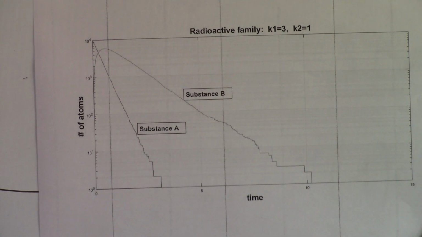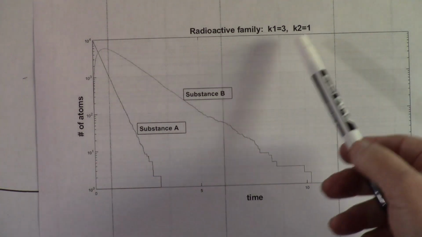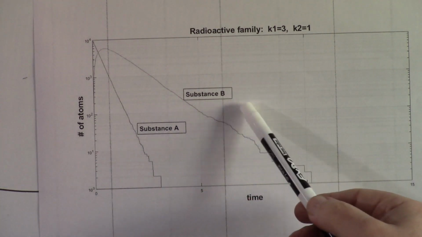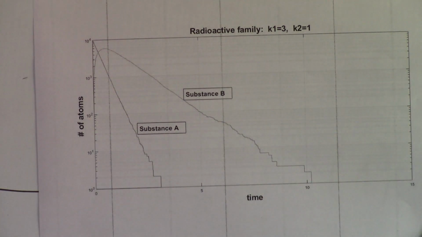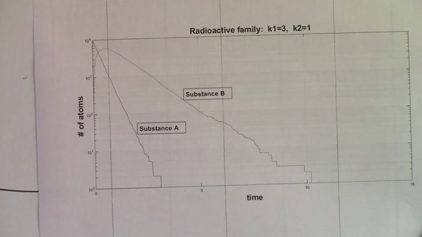The rate of radioactivity is measured in inverse units of time, say second to the minus 1 or year to the minus 1, and so on. Substance B decays with rate 1. So we have case 1 here.